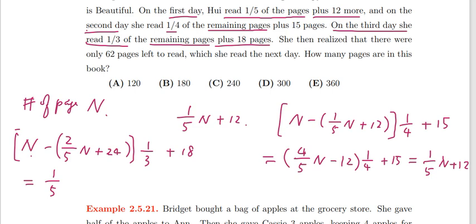So 1/5 A minus 8, since 24 multiplied by 1 over 3 is 8, right?